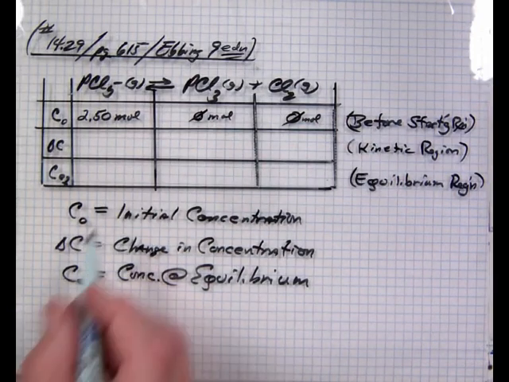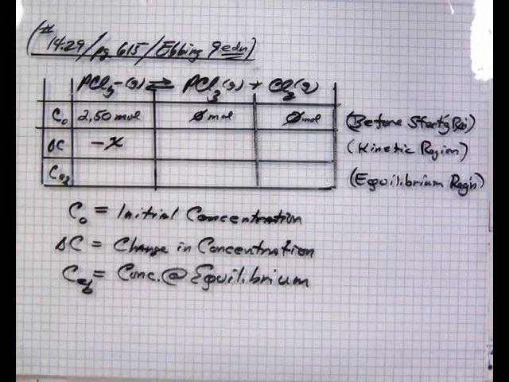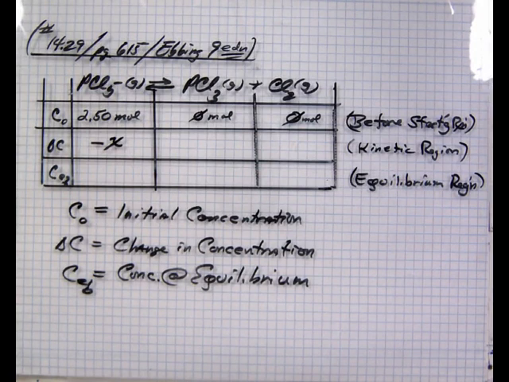We indicate that with a negative X. We don't know how fast it's going down, but we know it's going down, and the appropriate symbology in that kind of problem is to put in a negative X. What are the products doing?